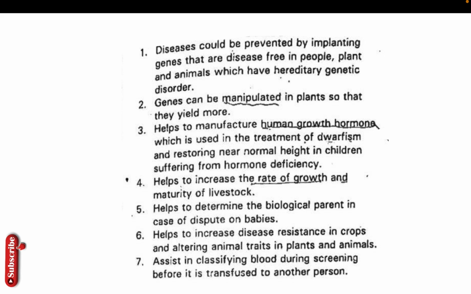If you know your child will be a dwarf early enough, they can be genetically engineered and then they grow normally like other children. So they are used to heal or to treat dwarfism.